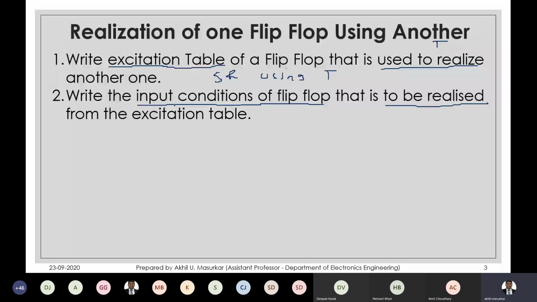Just an example, there can be many such examples. So this is step 2.